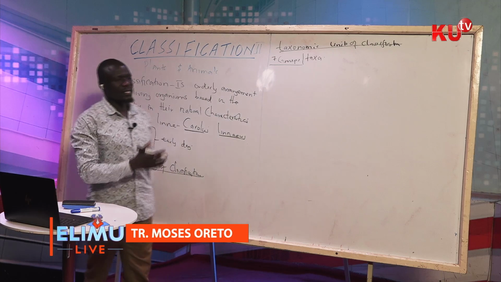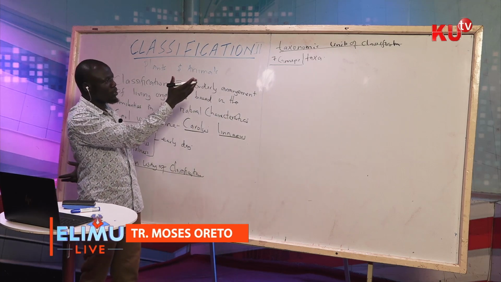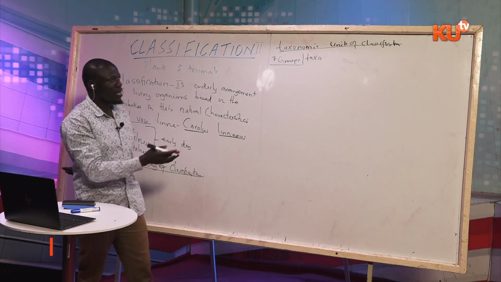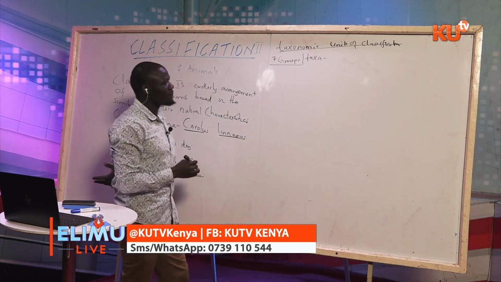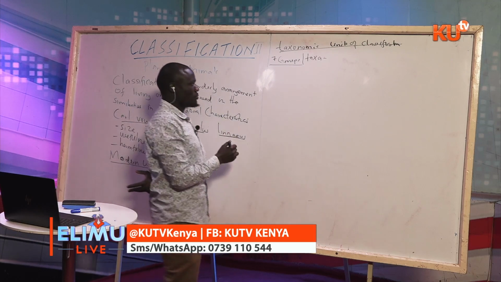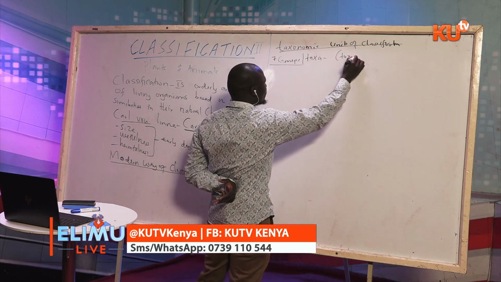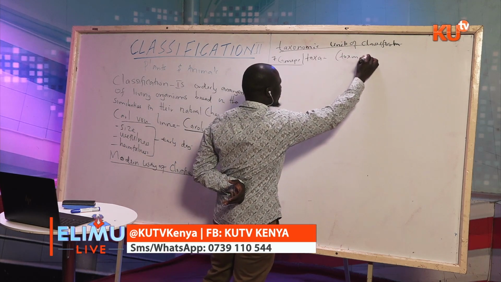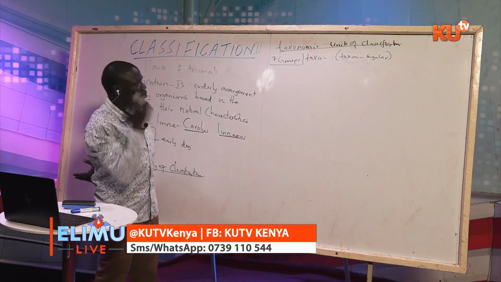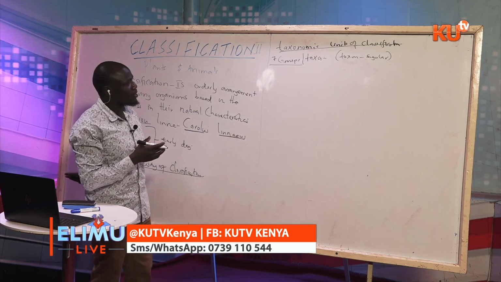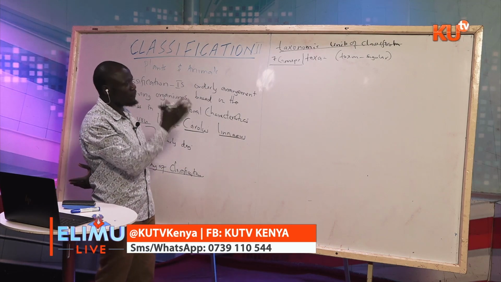Taxa is the biological term used to refer to the groups to which these organisms are placed. If it is plural, we call them taxa; if it is one group, we call it taxon. So we should be able to know how to write them in singular form and also in plural form.